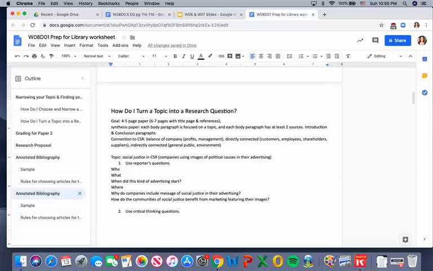What are some of the consequences for companies showing their support for political causes? So who makes the decisions about what causes, who at the company makes decisions about what causes to support?